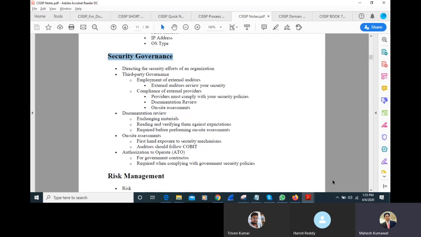Compliance of external providers: providers must comply with your security policies. Documentation review and on-site assessments: they will check it out and provide security.